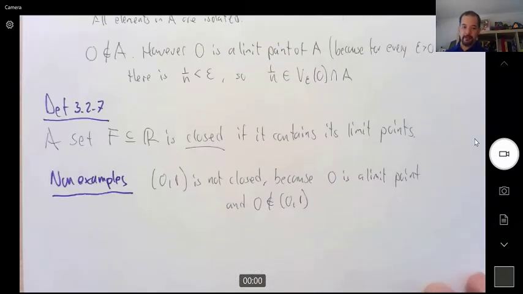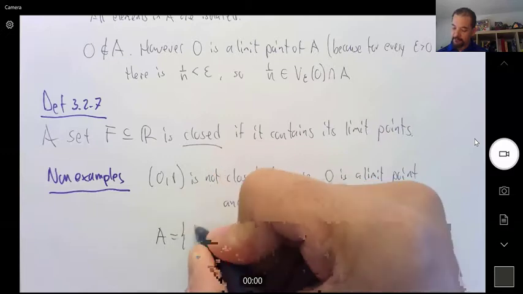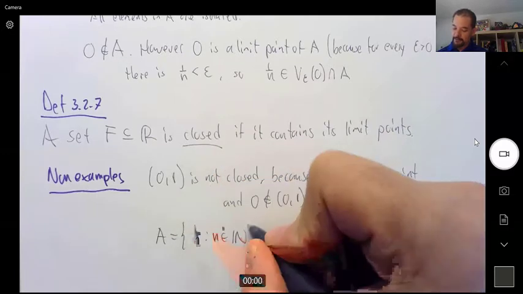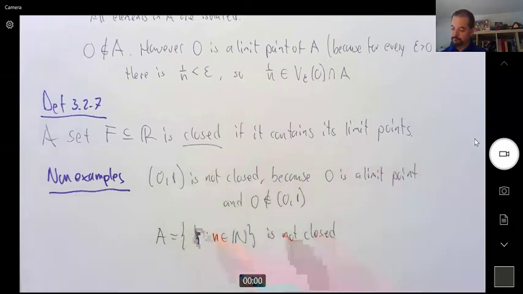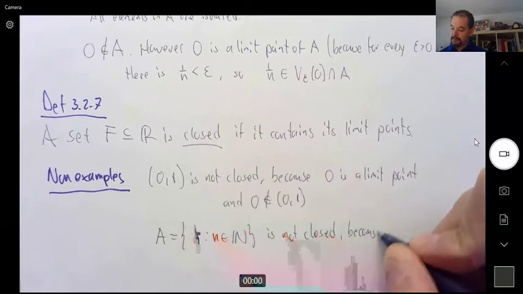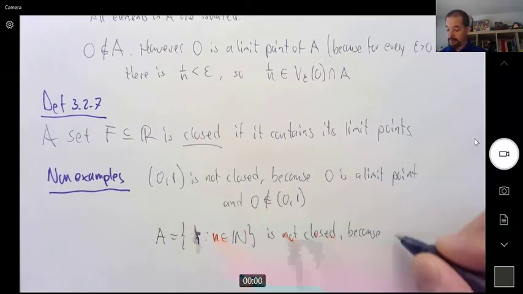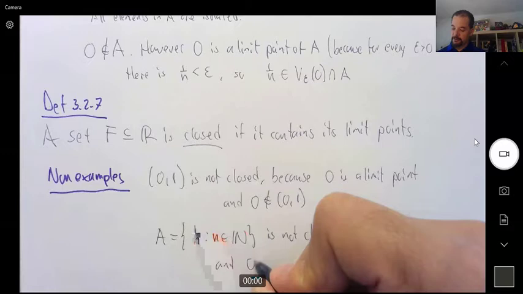Boo-hoo, right? The set A we just created, the 1 over n, is also not closed. And why not? Well, the same reason, because 0 is a limit point and doesn't belong to A.